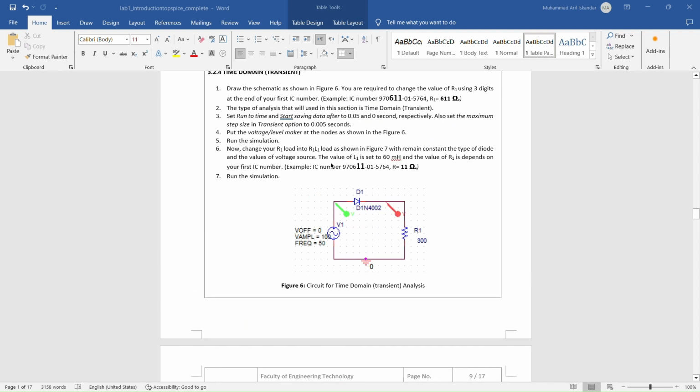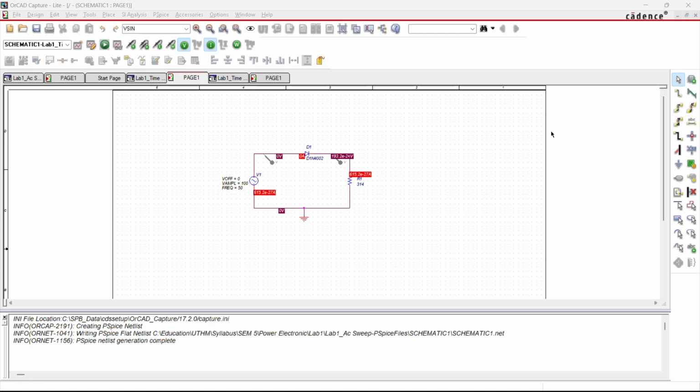I will show you the simulation in the PSpice software. This is our time domain transient simulation.